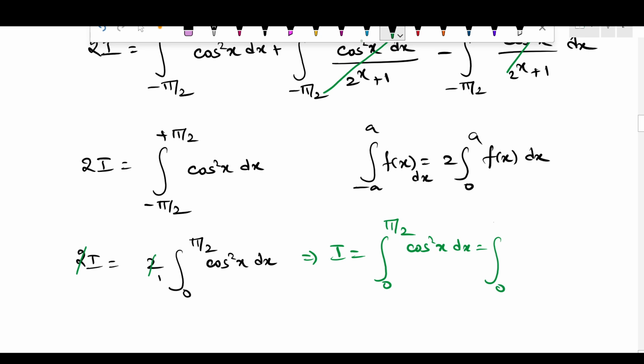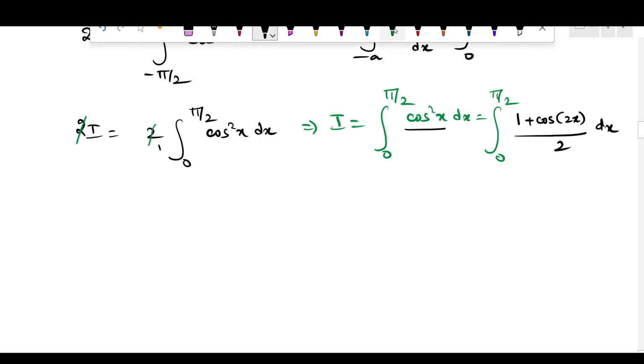We change this to the integration from 0 to pi by 2 of 1 plus cos 2x by 2. Right? Why? Since cos square x is what? 1 plus cos 2x by 2. So your integral, half gets out. So your integration from 0 to pi by 2 of 1 plus cos 2x dx.